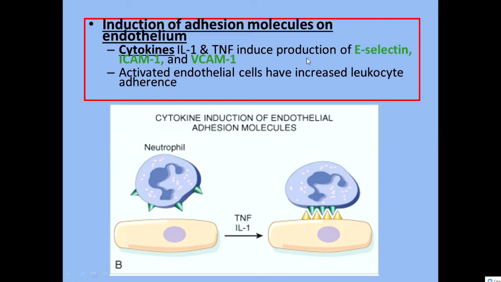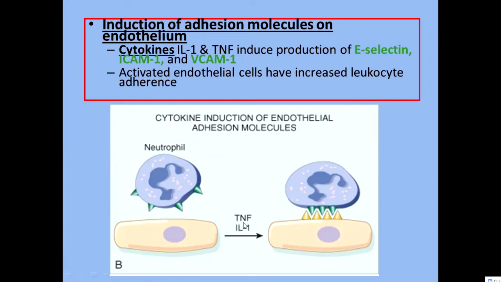These induce production of E-selectin, and activated endothelial cells have increased leukocyte adherence. So they will cause more binding of the neutrophil to the endothelial cells.